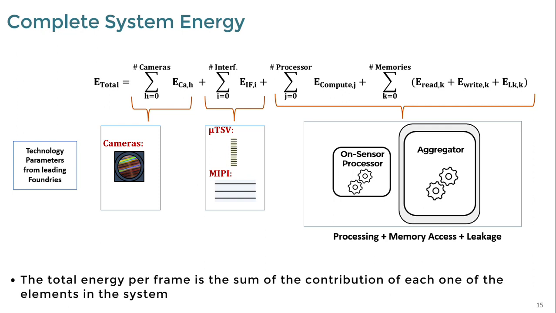For all these analyses, we use technology parameters from leading foundries. In the simulator, as I was saying before, for the camera and the interfaces we use analytical expressions. Also, for the processors and memories, we use existing architecture simulators merged with our own analytical expressions.